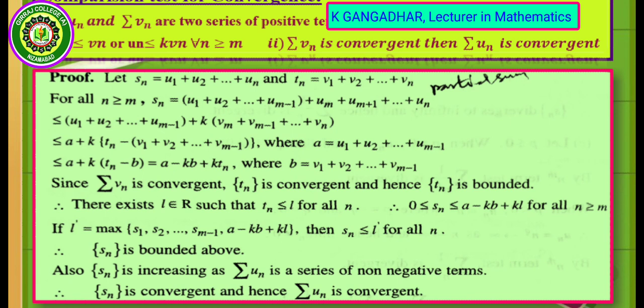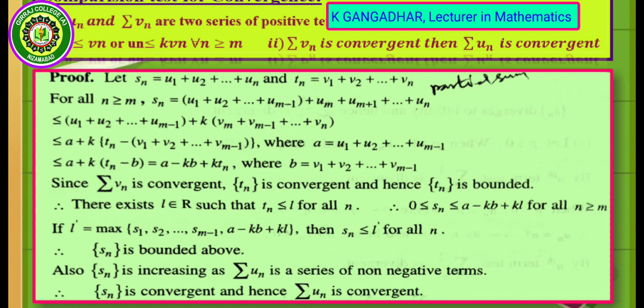Here sigma un is a series of positive terms, which means its sequence of partial sums is increasing, and its nth partial sum is Sn. So the sequence Sn is also increasing.